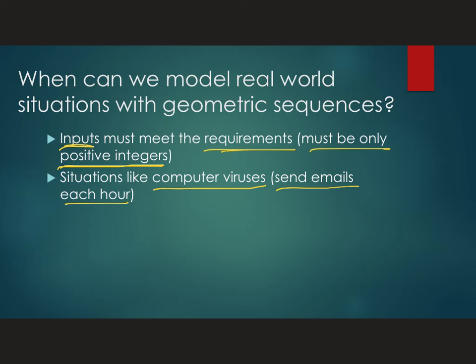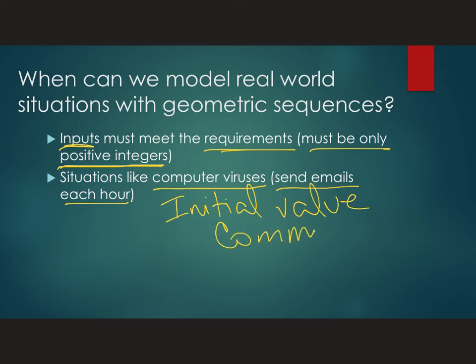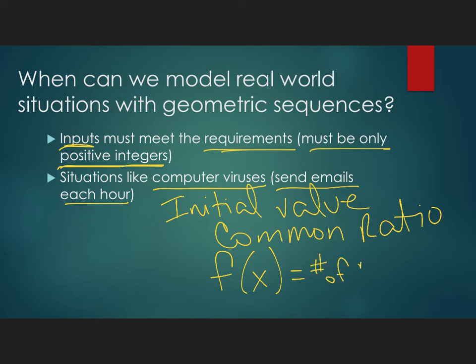And if we think about a computer virus, we have an initial value. It'd be how many computers were originally infected. And then we have a common ratio, how many emails each one sends. And we can use that to write our function, f of x equals our initial value, whatever number of computers, times whatever our ratio is to the x minus 1.